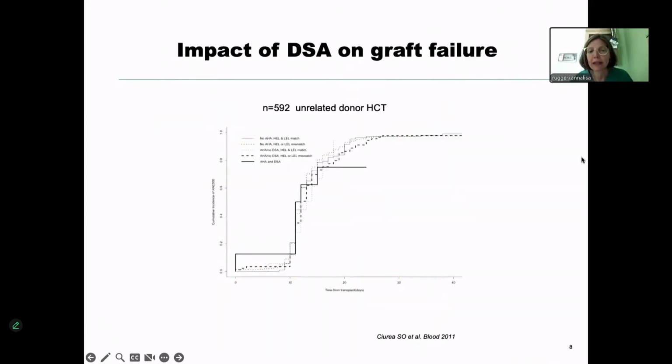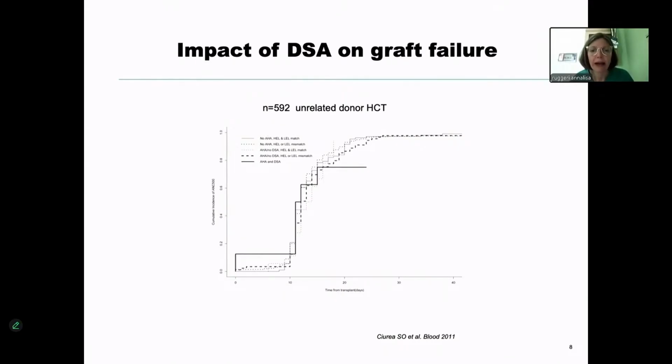Since the beginning of mismatched transplant, the impact of DSA has been reported as a factor associated with graft failure and overall reduced transplant outcome.